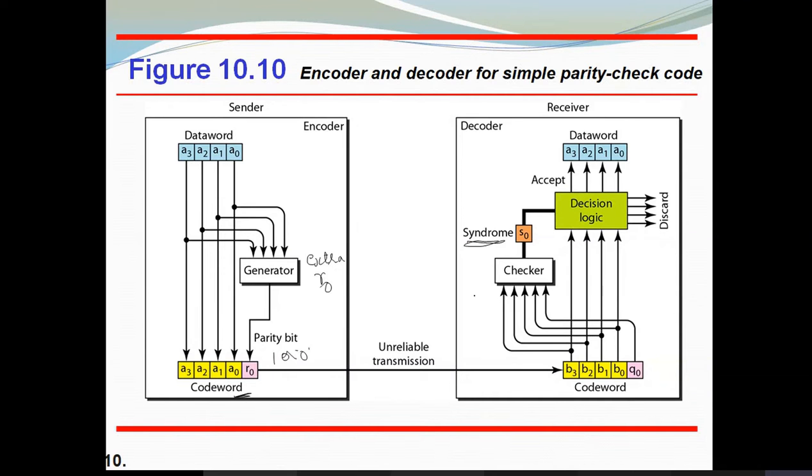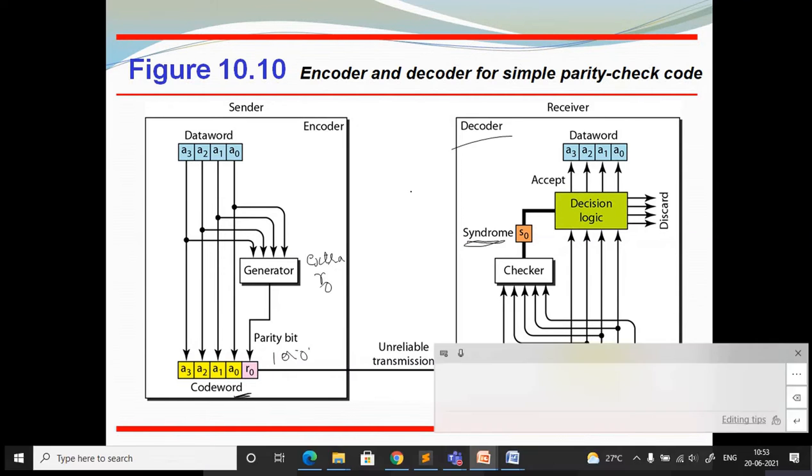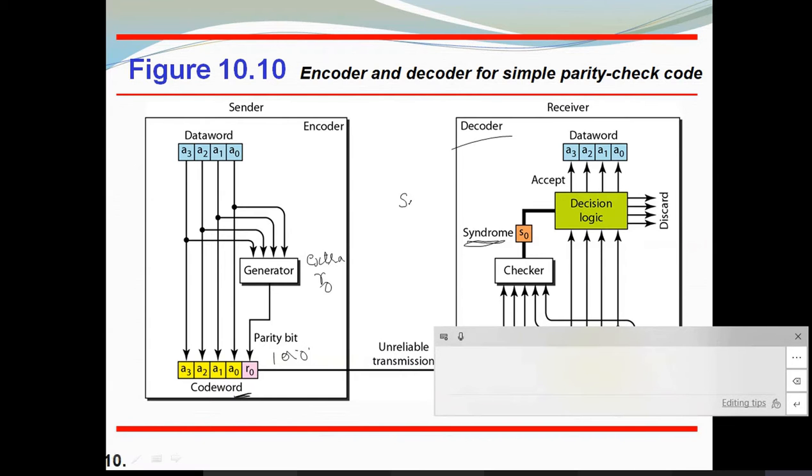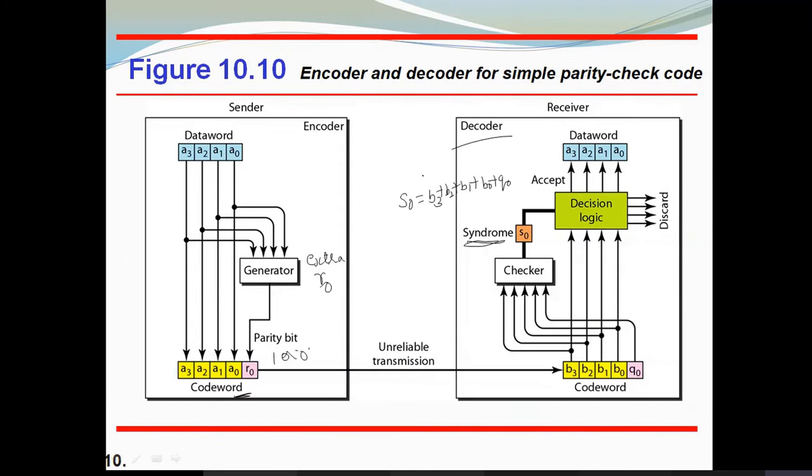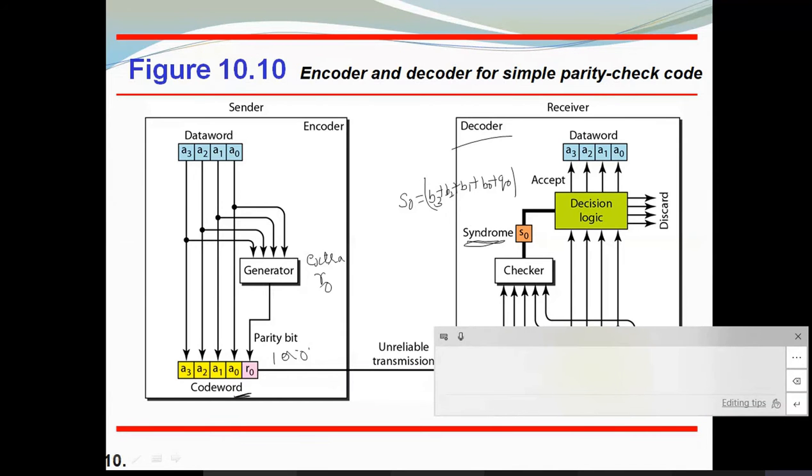How are we going to calculate S0? It is just a mod operation. Let me write it here. S0 is equal to B3 plus B2 plus B1 plus B0 plus Q0. Add all these and do mod 2, modulo 2 operation.